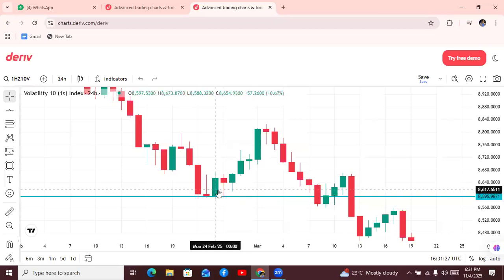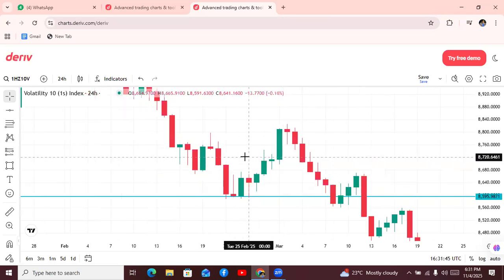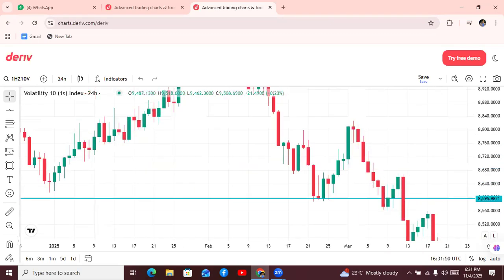That is why we are saying when we sell, we may only sell from the resistance level, not at the support level. Even if we are given a signal to sell, it just becomes a trap. So it's very significant that we identify the support level and the resistance level.